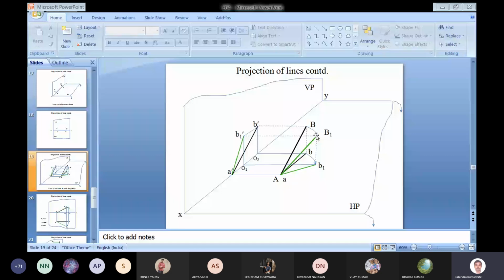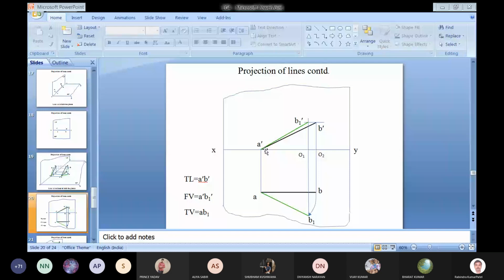Similarly, in this case you can see A dash B dash is the true length of the line, ab is the projection of line AB onto the horizontal plane, and a b1 is the projection of a line which is inclined with both the planes, and A dash B1 dash is the projection of the line on the vertical plane, which is inclined with both the planes.